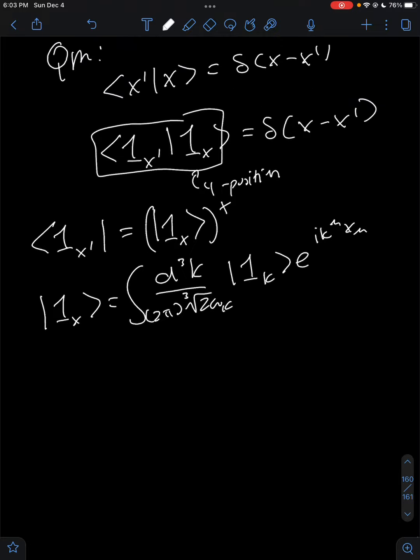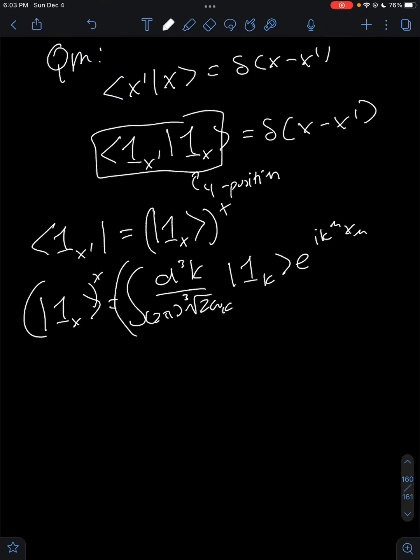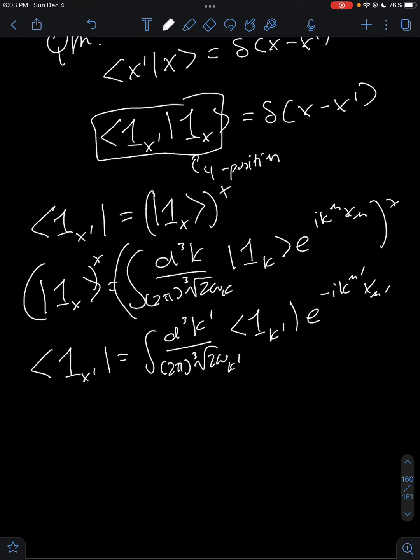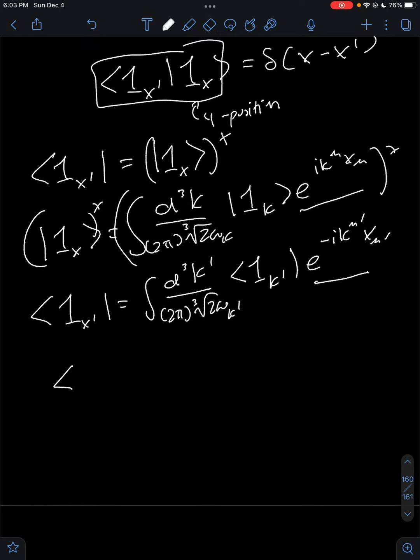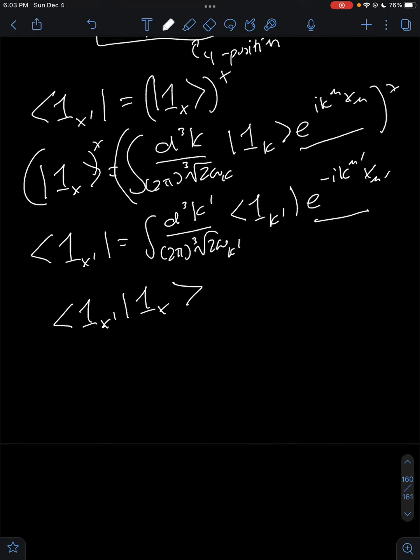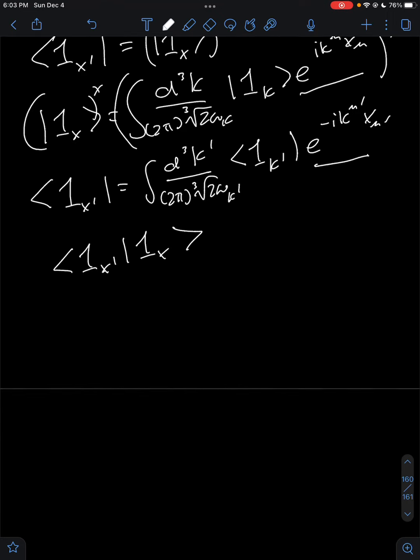Conjugating this expression and changing x to x prime gives us this over here. We change e to the i k mu x mu to e to the minus i, because when we complex conjugate an expression, we have to change the sign if it's a complex number there. So what we have to do now is simply multiply <x'| with |x>. That's going to be a pretty messy multiplication, so we're going to speed up the video.